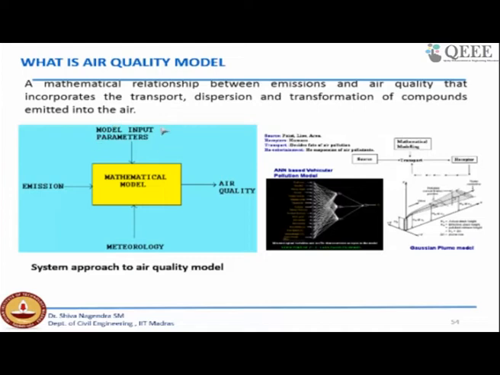The model input parameters capture information on atmospheric stability and dispersion conditions, and the meteorological parameters, which include wind speed, wind direction, and temperature, give how the pollutants move from one direction to another and are subjected to some chemical reactions. So all these three relate to give an air quality.